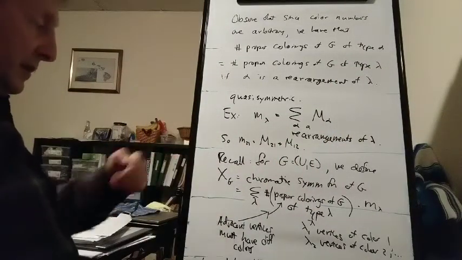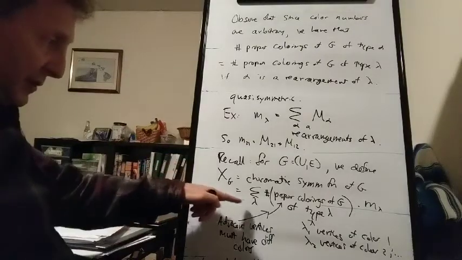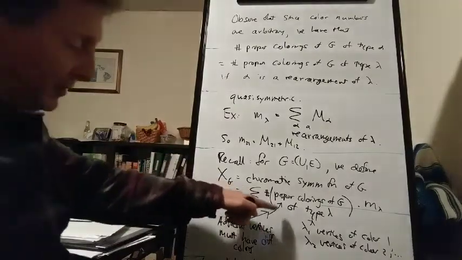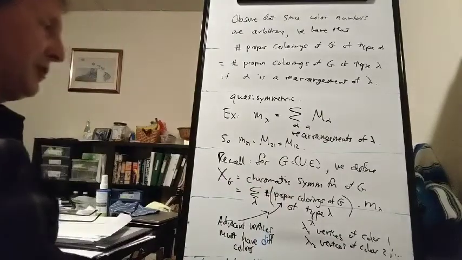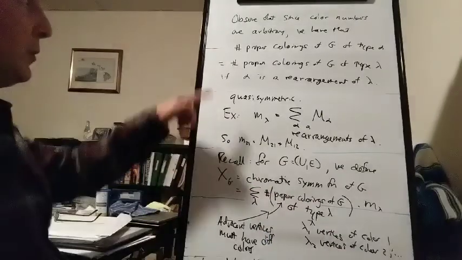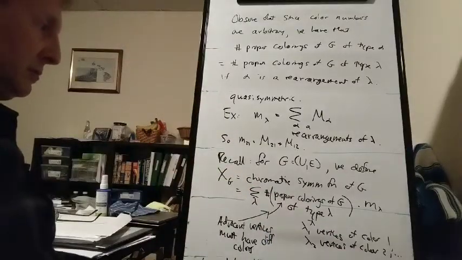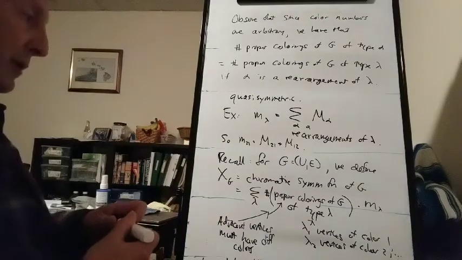So if we extended the definition of chromatic symmetric function to count proper colorings of type which is a composition rather than a partition, we wouldn't be getting anything new. We'd get all the same colorings.